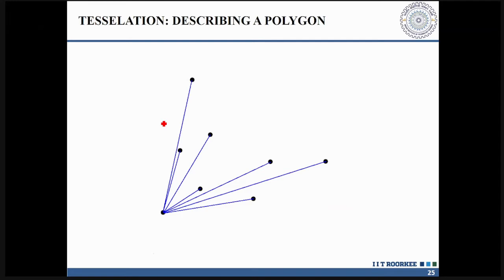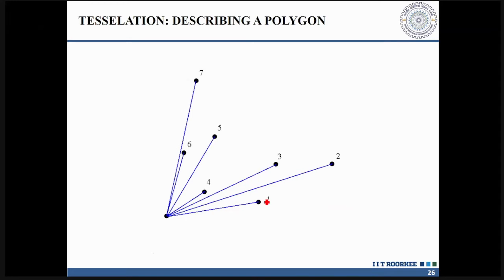Good. Number them: 1, 2, 3, 4, 5, 6, 7. In other words, point number 7 is making an obtuse angle, and point number 1 is making an acute angle. Now start moving from 0 to 1, 1 to 2, 2 to 3.